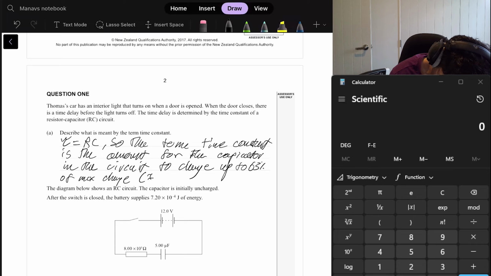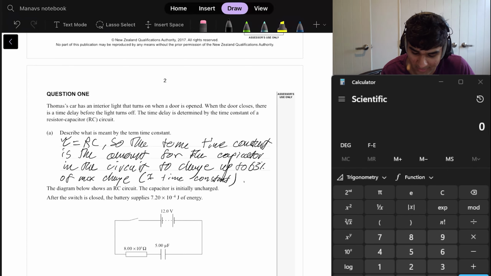So we're at 1 time constant. Alright. That's one cheap trick right there.